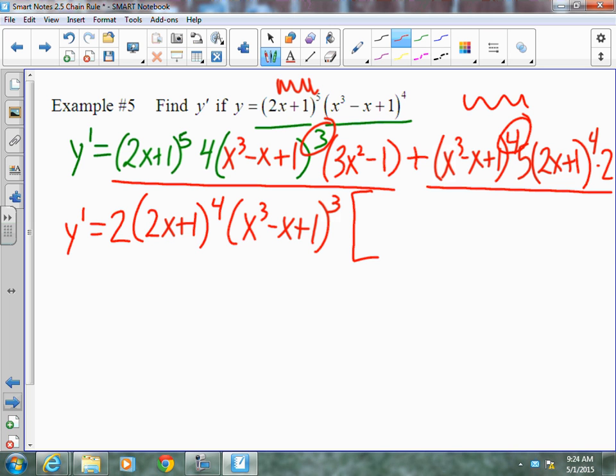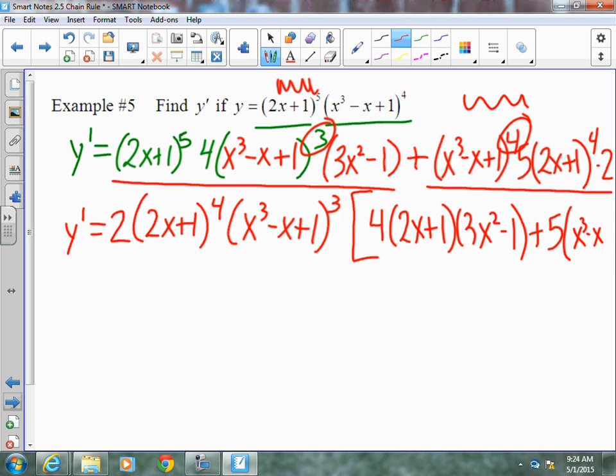We are left with, in the first term, a 4, a 2x plus 1, and a 3x squared minus 1. And in our second term, we have a 5, and we have a x cubed minus x plus 1.